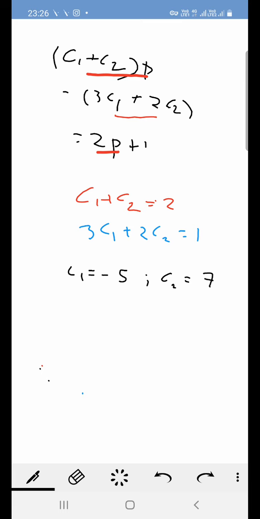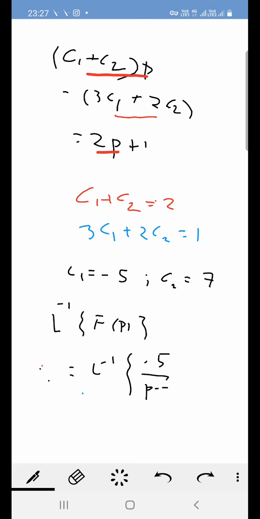So our job now simplifies. We only have to find the inverse transform of the expression minus 5 by p minus 2 plus 7 by p minus 3.